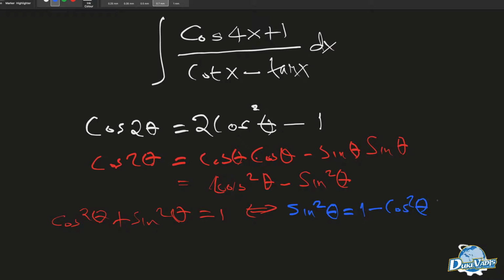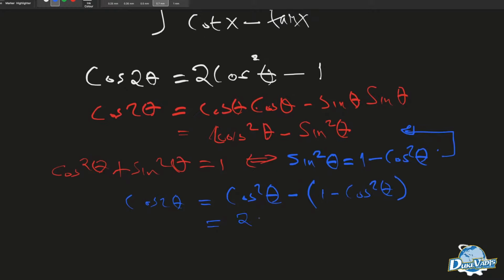Over the years, this is what we used to do. So when we substitute this into the equation, cos 2 theta will be equal to cos squared theta minus (1 minus cos squared theta). Okay, so this gives us 2 cos squared theta minus 1.